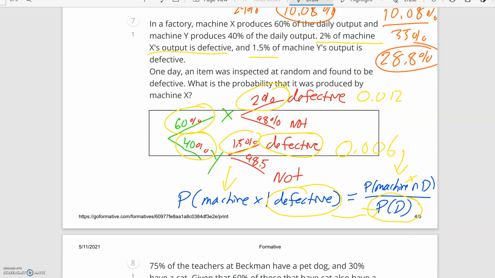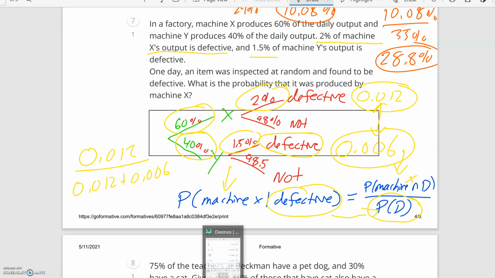So now let's set up our probability. Again, I only wanted the intersection, so this goes on the top, 0.012, because that's where machine X and defective intersect. And finally, the probability of defective. Well, these are my only two defectives. The total probability, if I add them together, would be the total probability of being defective, right?